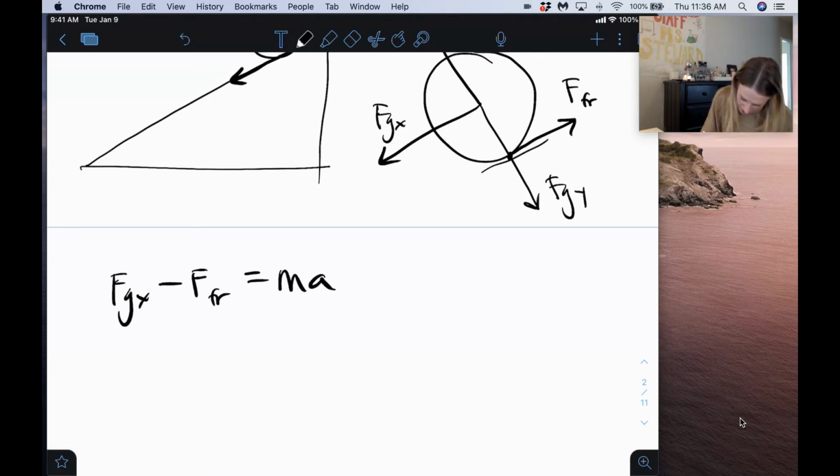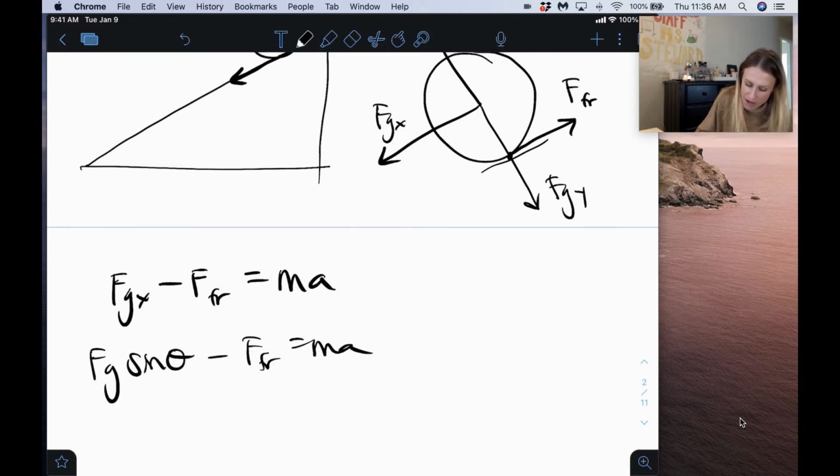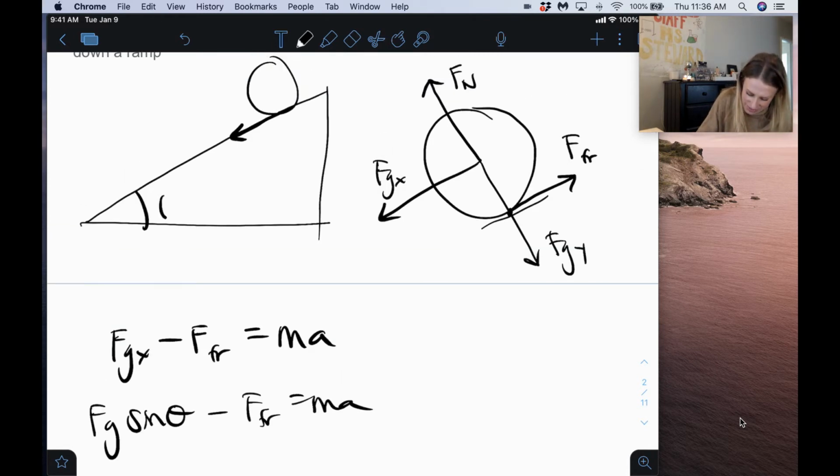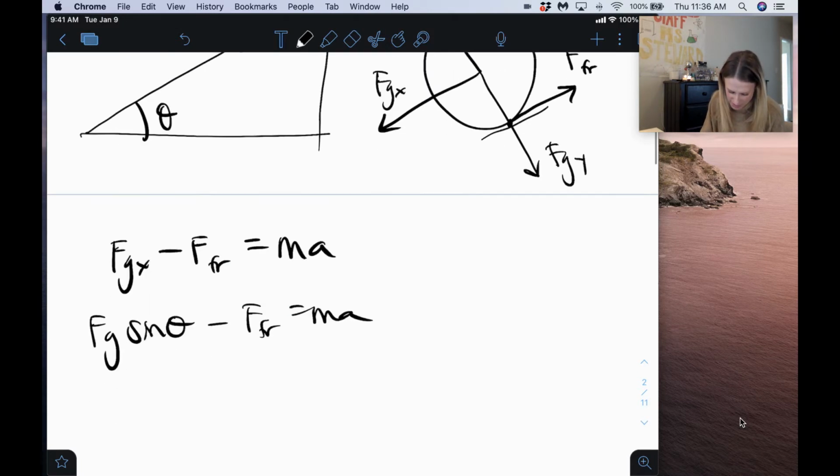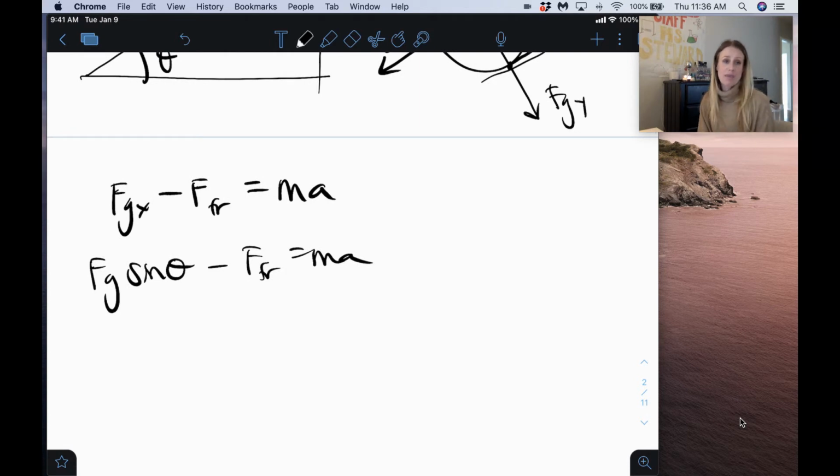So we get force of gravity times the sine of theta minus the force of friction equals mass times acceleration. To reiterate, this right here is our theta, so that's force of gravity times the sine of the angle of the ramp. And we know force of gravity is also mass times acceleration of gravity, the mass of the object times the acceleration of gravity on Earth in this case.